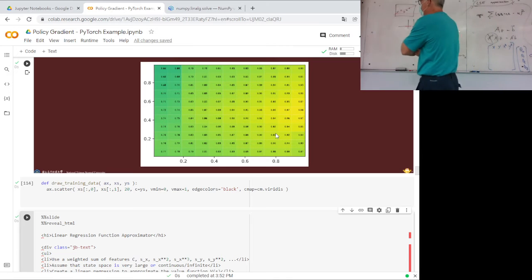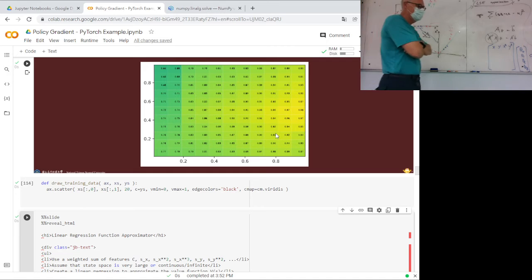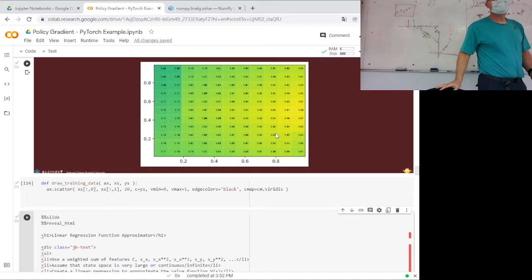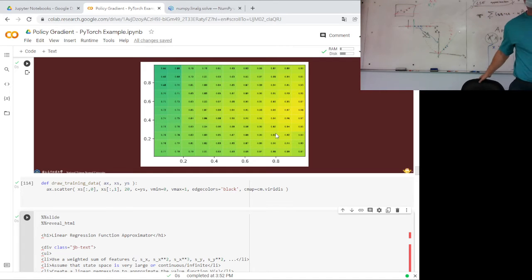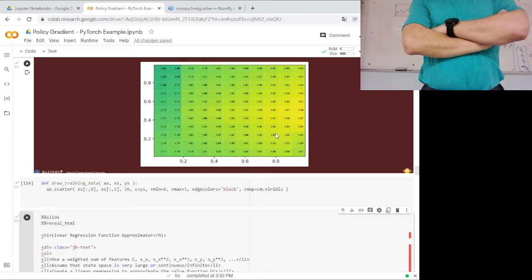Any other ideas for a nonlinear function that I can apply that may be useful? Okay, let's look at that in a minute then. Once we get to it.